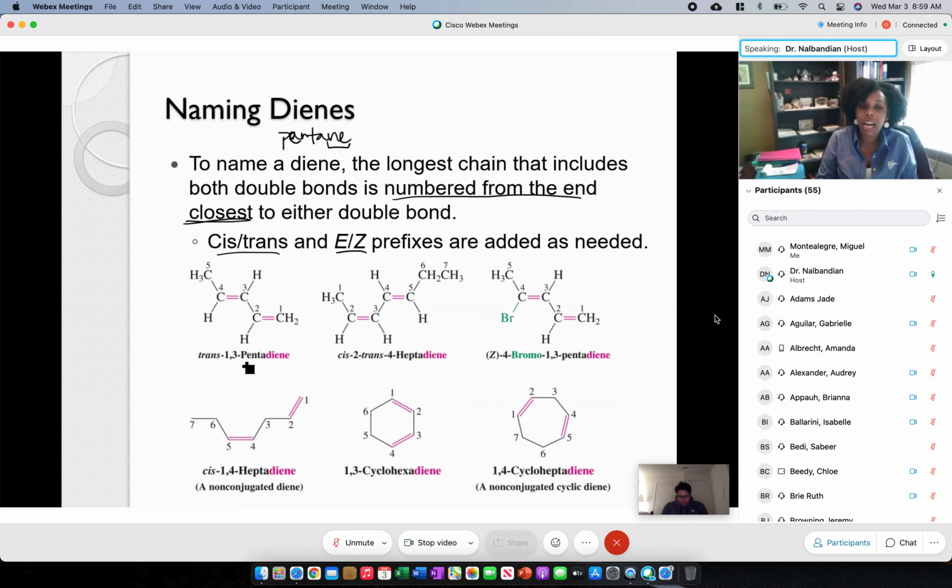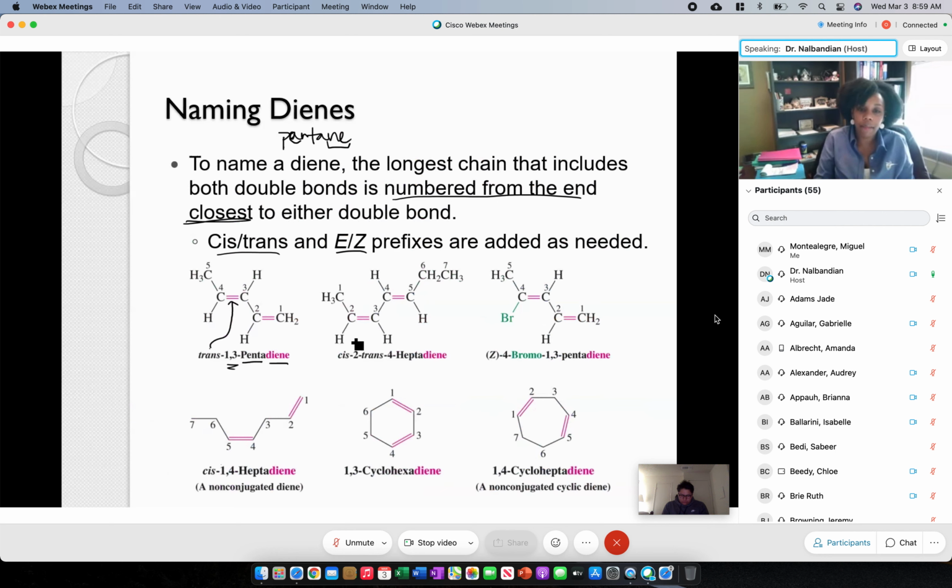So it's pentadiene. And then we need a number. So carbon 1 and carbon 3 have our alkenes. And then we know trans, what does that apply to? It only applies to this double bond between 3 and 4. There's no cis trans for the double bond between 1 and 2.